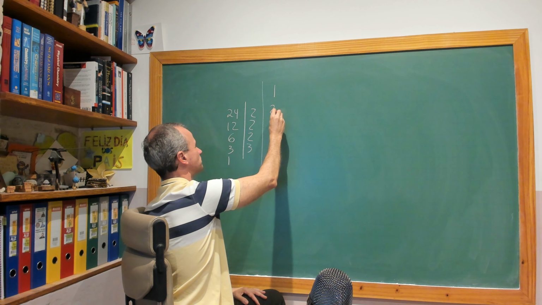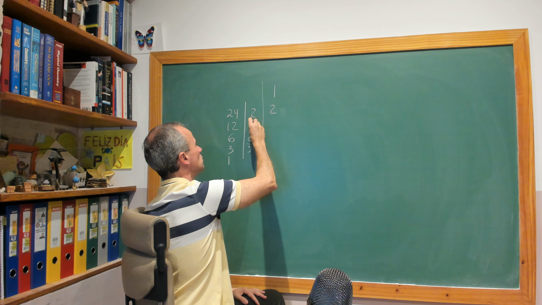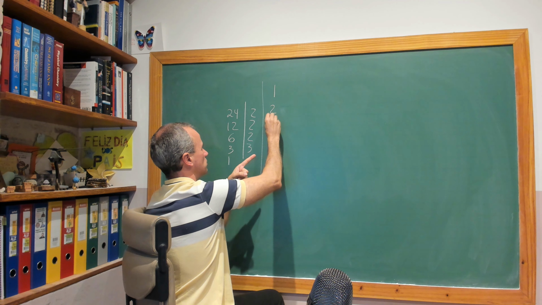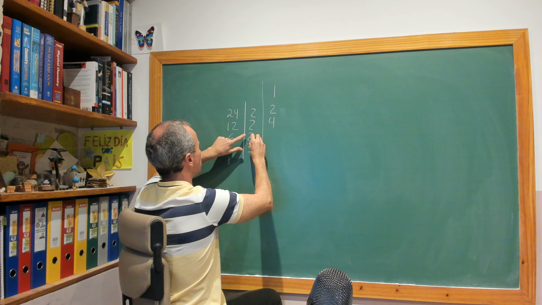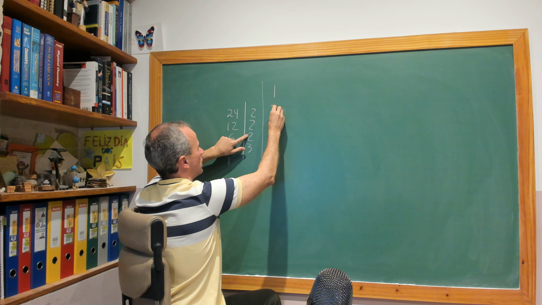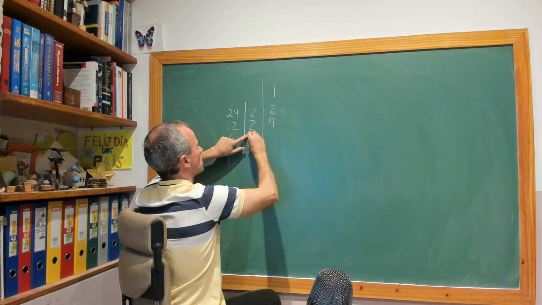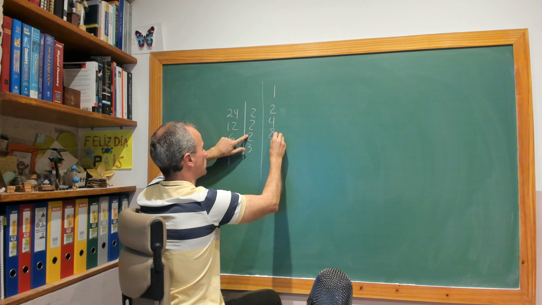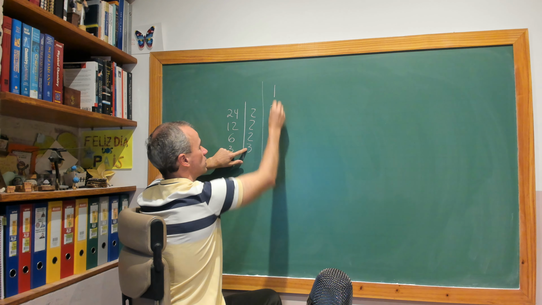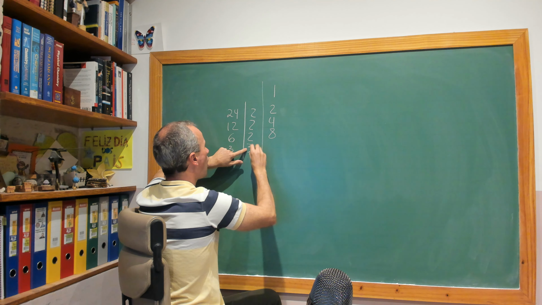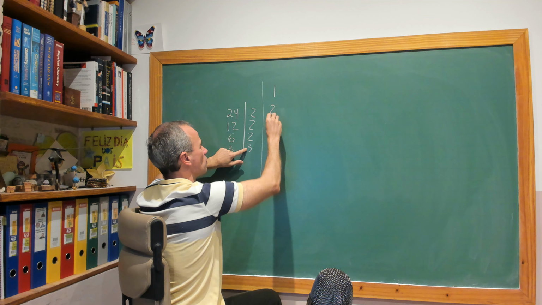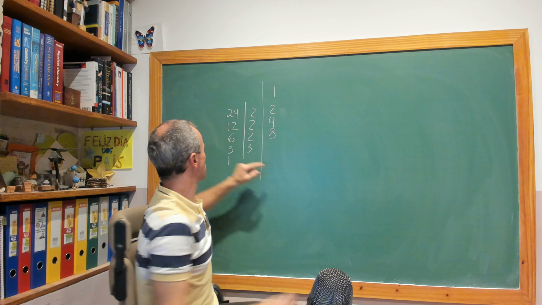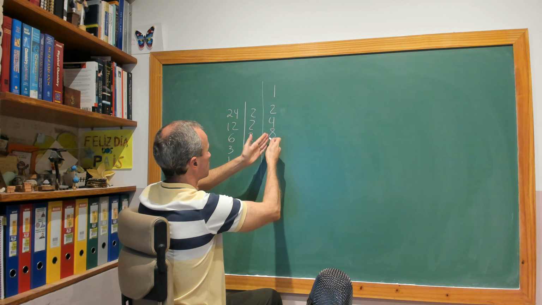Again, 2 times 2, 4. Again, 2 times 4, 8. Another one, 3. 3 times 1, 3. We don't have 3 yet. We always multiply this by all of those, and if you bring something new, you write it down. So those are going to be the divisors.